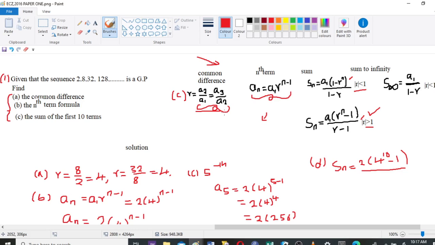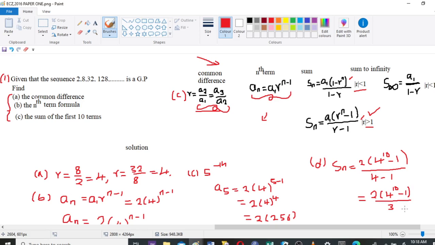So we're going to get 2, open bracket, 4 to the power 10 minus 1, close bracket, over 3.